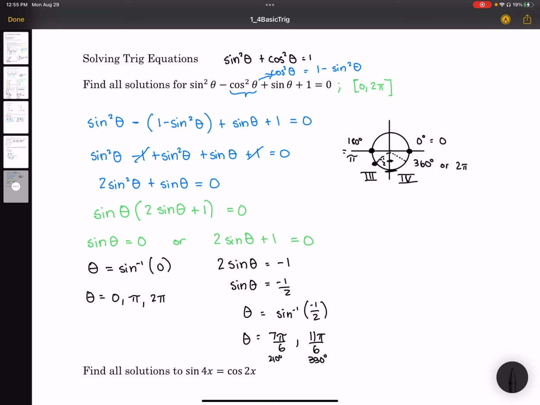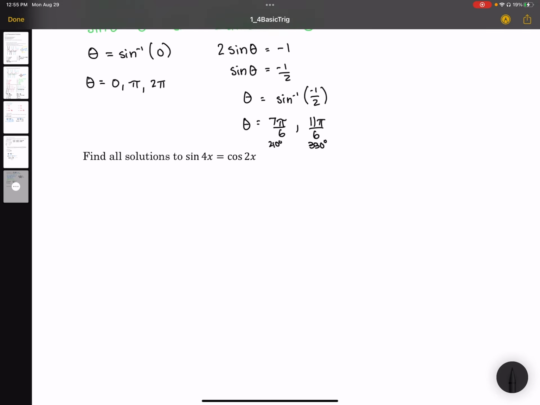So next, we have: find all solutions to sine 4x equals cosine 2x. So first, remember the identity sine of 2 theta is equal to 2 sine theta cosine theta.